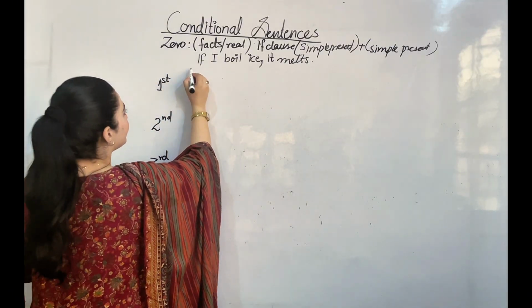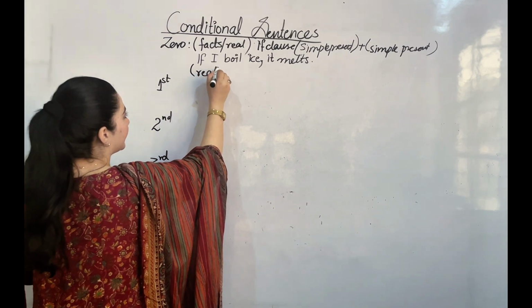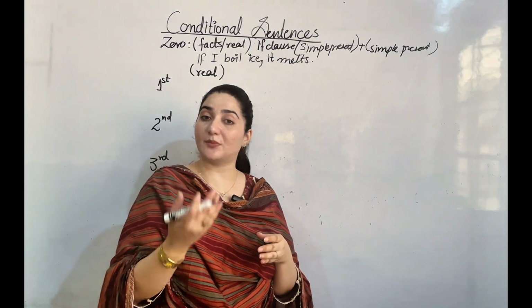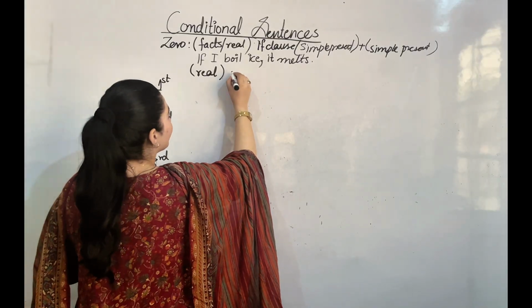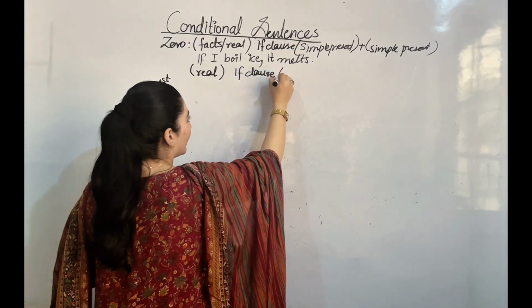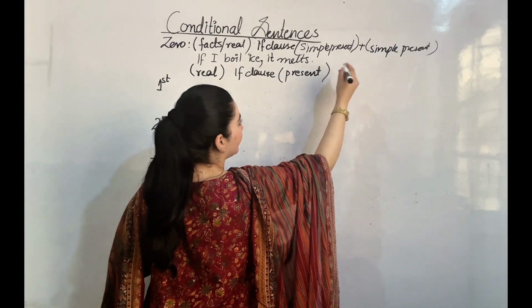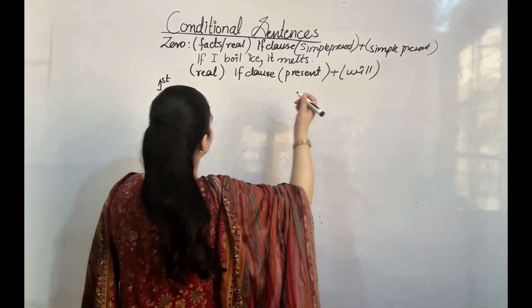Then let's move towards the first conditional. First conditional is used to talk about real situations, situations that are real in the present or can be real in the future. If we take a look at the sentence structure, it follows the if clause with simple present, and the main clause with will plus first form.